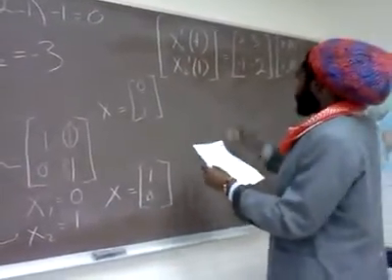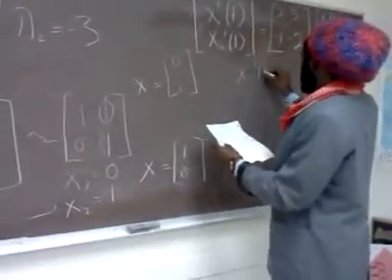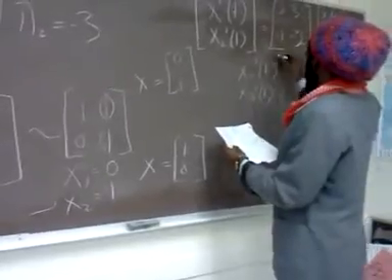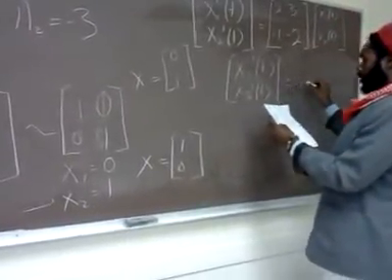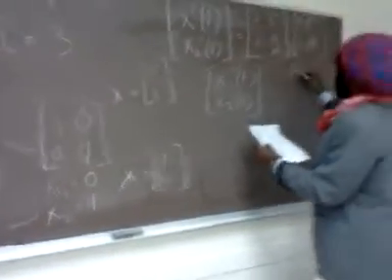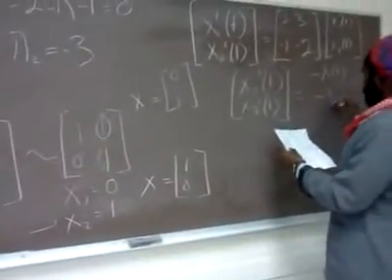So from there, we're going to get x1 prime of t, x2 prime of t equals negative x and -3.